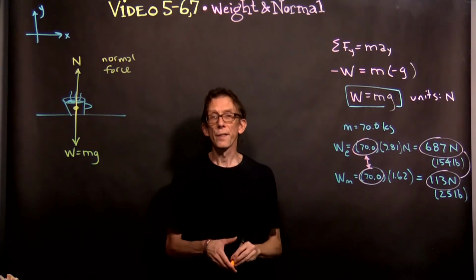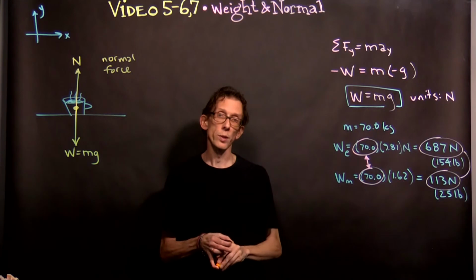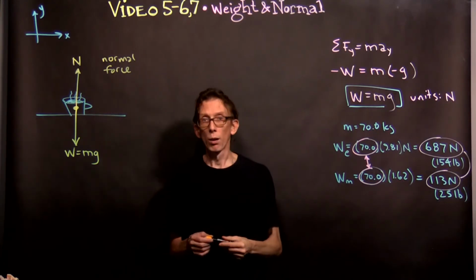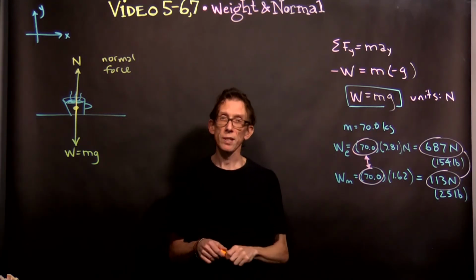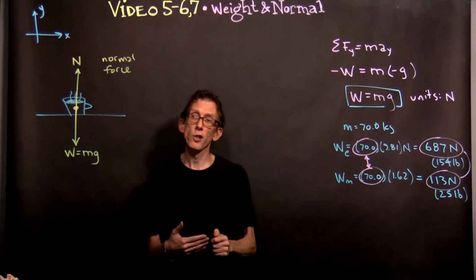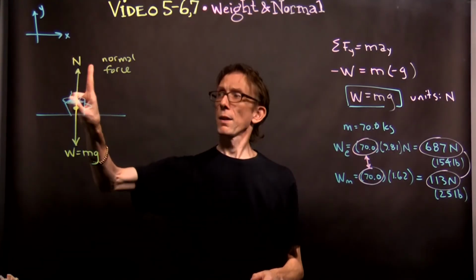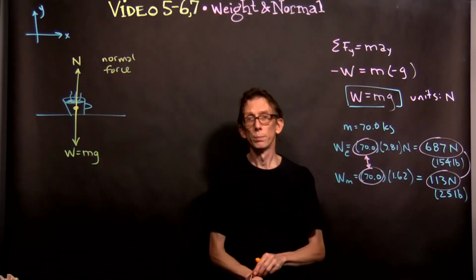It's a particular kind of contact force. In fact, normal forces and contact forces are not always exactly the same thing, but are very similar. We'll talk more about that later. But for now, just know when that coffee cup is sitting there on the table, it experiences a weight down, it experiences this normal force up.